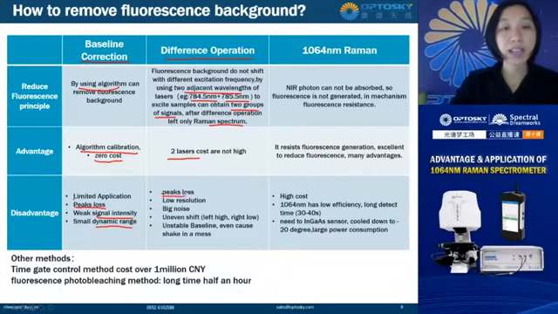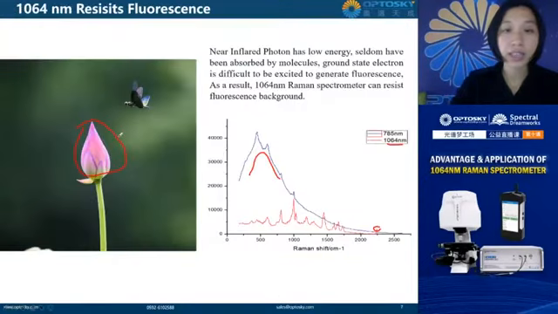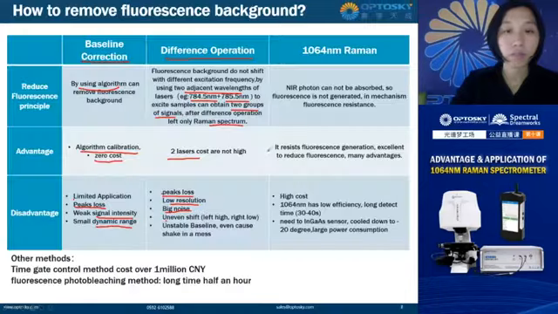However, like baseline correction, it can also cause peak loss, and the resolution is low. After the difference operation, the noise becomes bigger. Also, if the shift is low on the left and high on the right, after the difference operation the shifts could look like this.